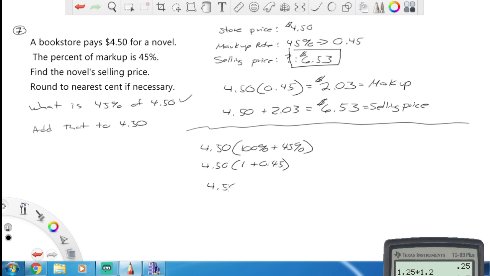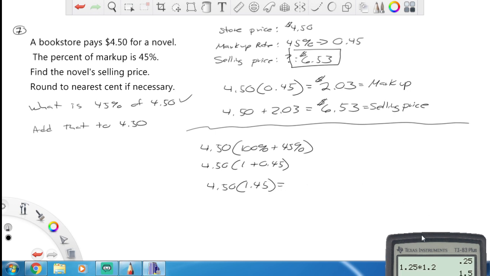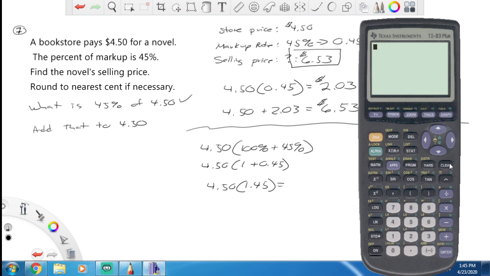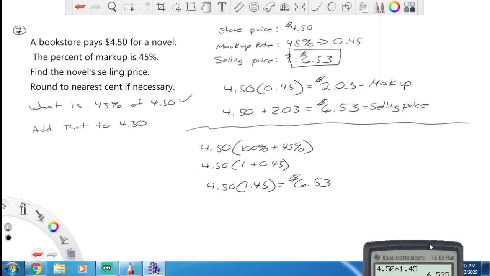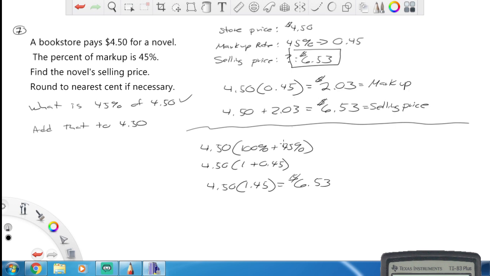And then you do 450 times 1.45. And that should also give you, this one might round it differently too, I don't know, 4.50 times 1.45 gives you your $6.53. So again, either way, whichever way you're more comfortable with. This way here works a lot better reasoning-wise when it gets to discount problems, but whatever it is.